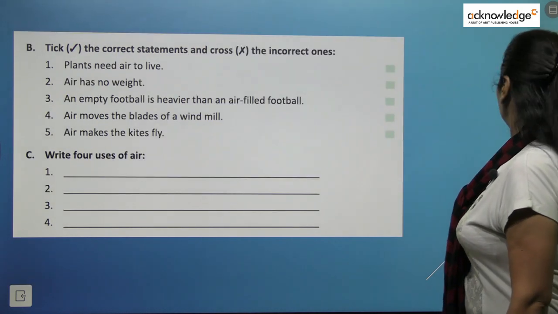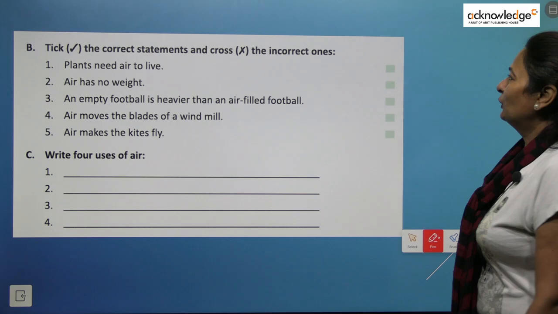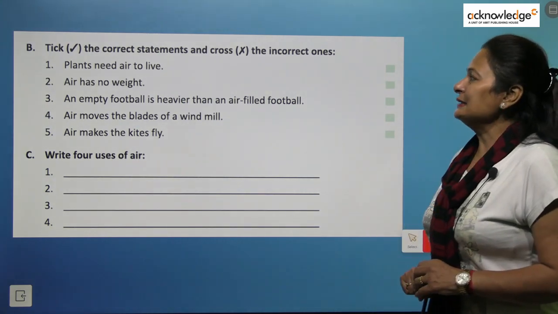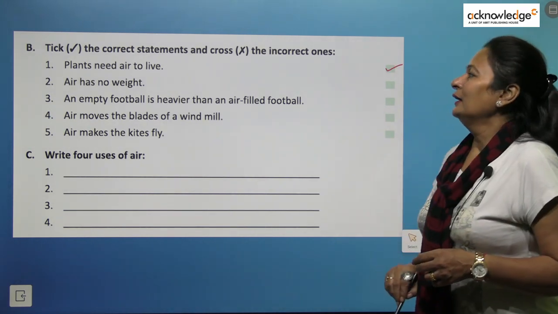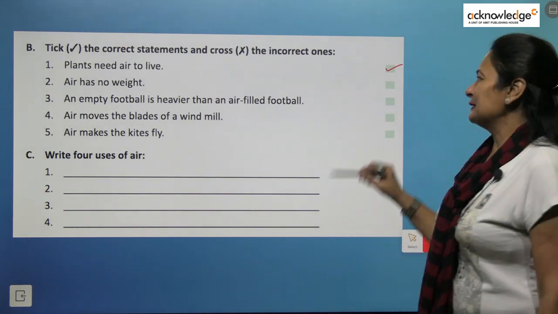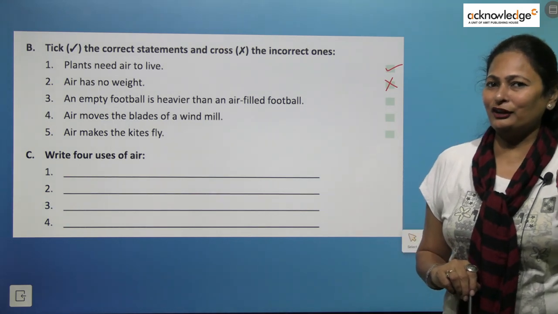Now, next one is take the correct statements and cross the incorrect statements. First is plants need air to live. Yes, it is very much needed. Air has no weight. Is it correct, kids? No, this is incorrect. Air has weight. This is a property of air.